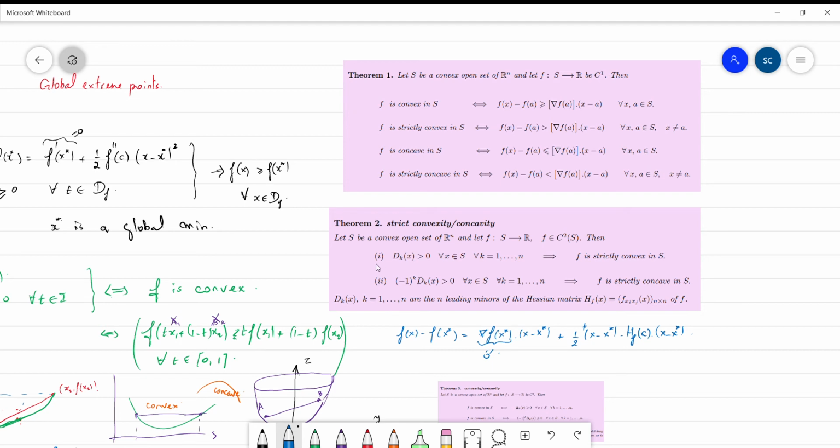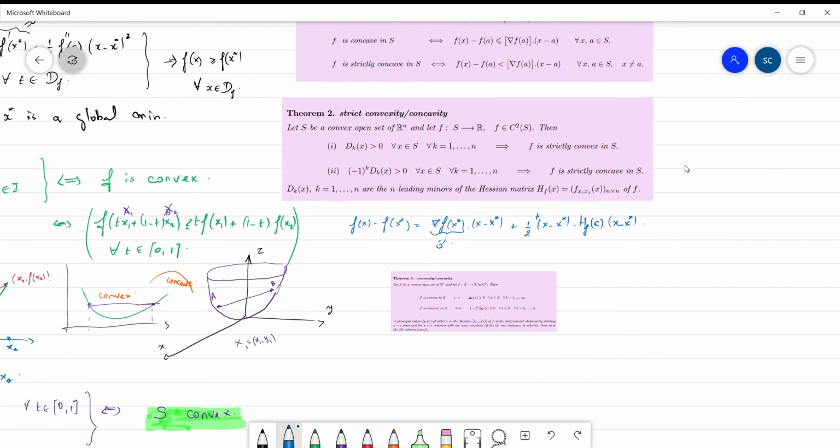We need to check the sign of the determinants to have a strict convexity. So we characterize a function that is strictly convex by the positivity of the determinants, and strict concavity by the alternating signs of the determinants. So we know the value of the determinants, the leading minors of the Hessian of f, which is very nice.